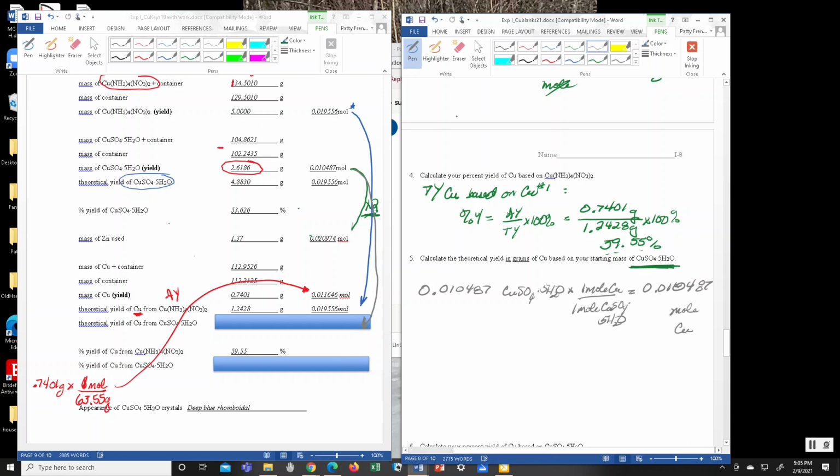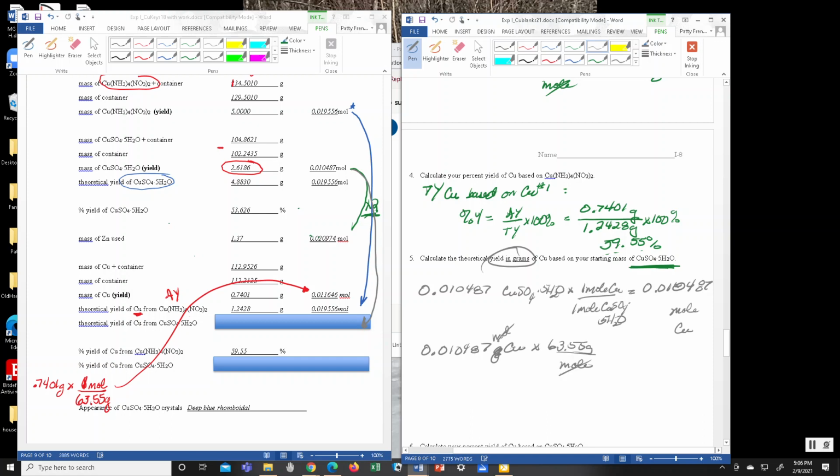And now I want the theoretical yield in grams. So 0.010487 moles of copper times copper's molar mass, which is 63.55 grams per mole.